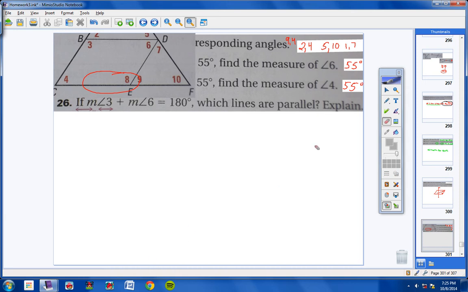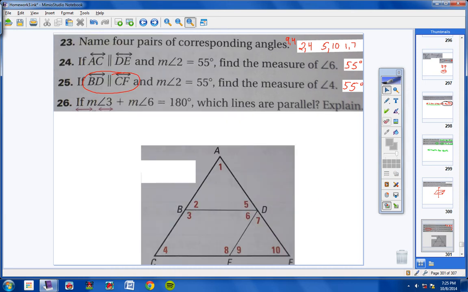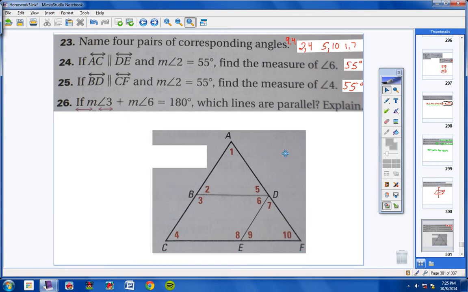All right, let's take a look at number 26. Number 26 says, if the measure of angle 3 plus the measure of angle 6 equals 180, then which lines are parallel? Now look, students, think about this.